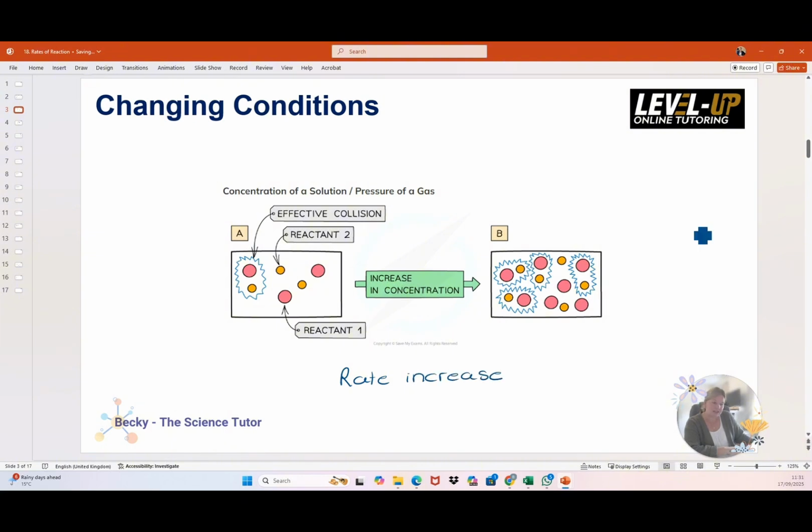And the reason for that is that when we increase concentration, we're increasing the number of particles. And if we increase the number of particles, then it's more likely that they are going to collide. So we're going to get increased collisions.